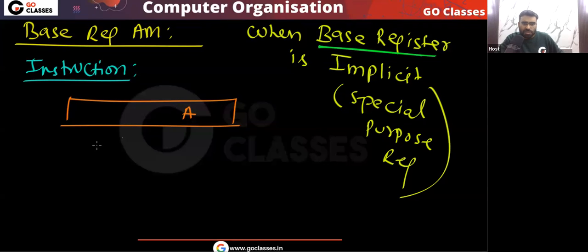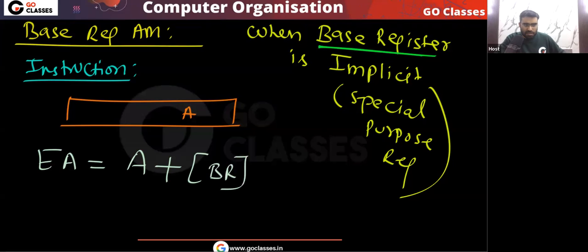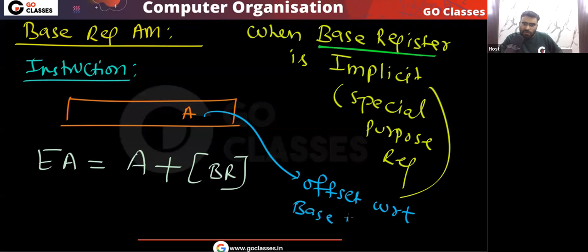In this situation, you can just say what the effective address is. The effective address will be this value plus the content of the base register, and this will be your offset with respect to the base register content. So quite easily you can do it.